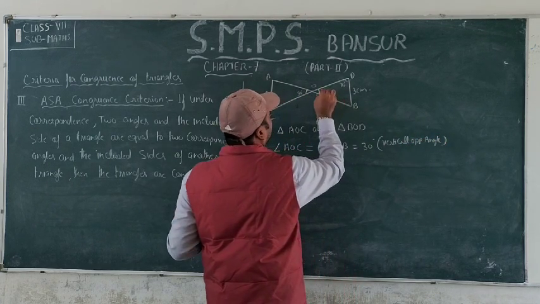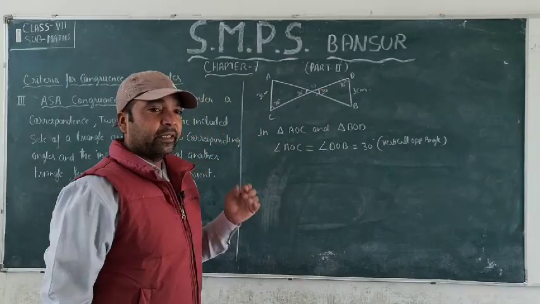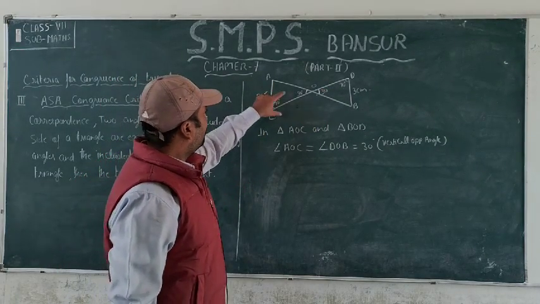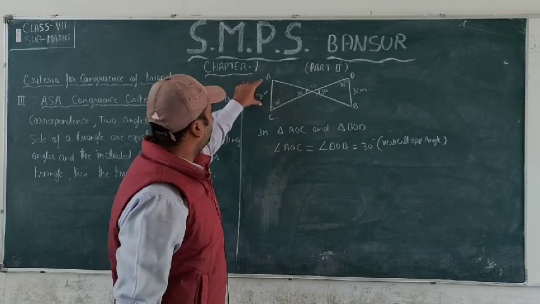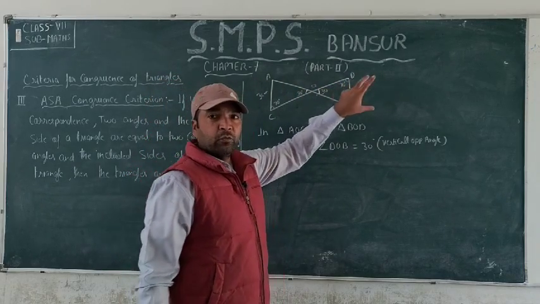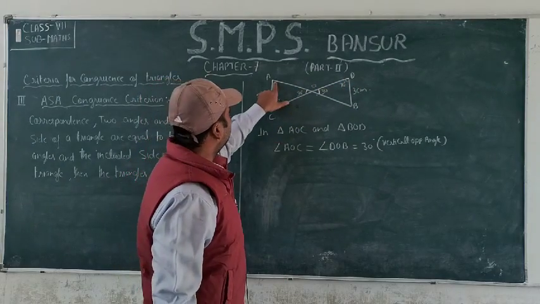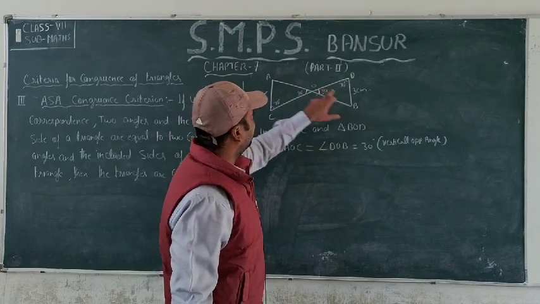This is also 30, but the included angles we have to find. So this is 30, this is 30, but we have only this side AC and BD. So we have to find angle A and angle B also.